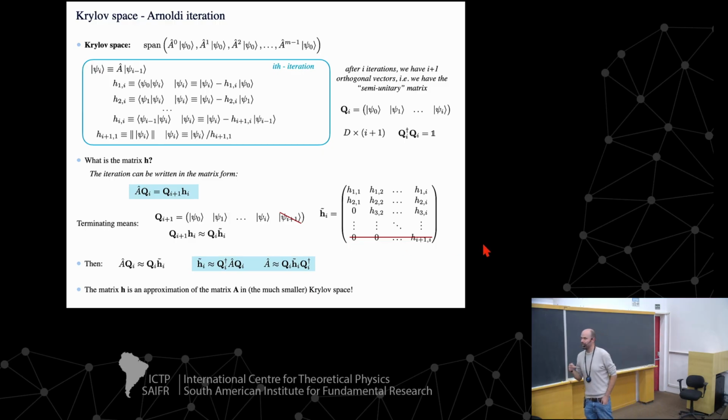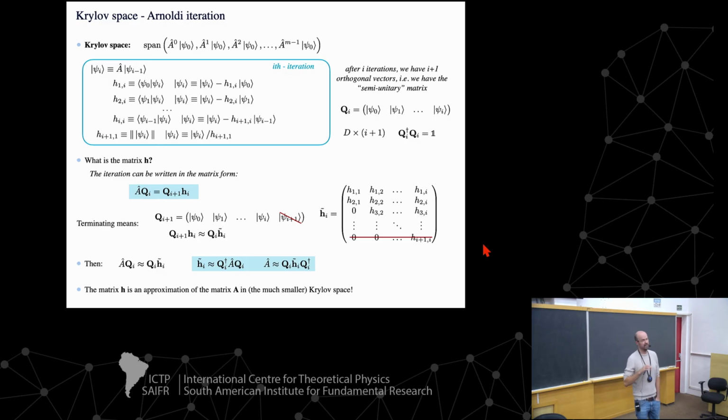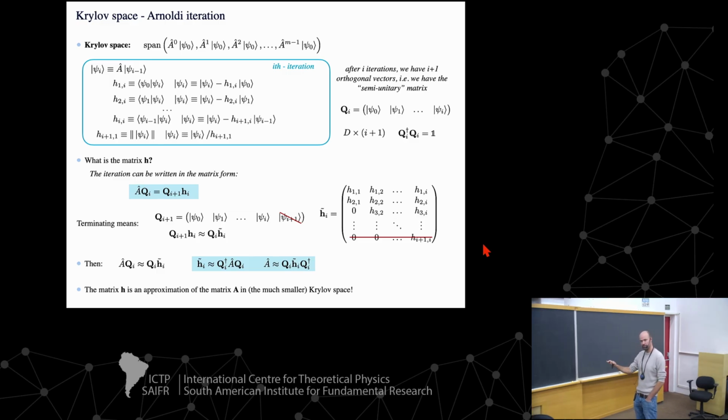When I really terminate this iteration, it means that I stop and I'm happy with my problem, which means that I define this new matrix here, H tilde, where I cancel out this row, and I also say that my new Q_{i+1} H is the same as Q_i times H. Now what's very cool to see is that, because of the form of this iteration in matrix form, this matrix now looks like A Q_i is the same as Q_i H_i.